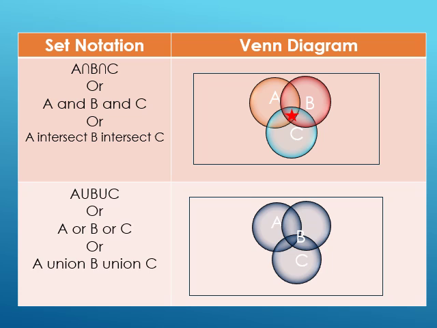The next is A intersection B intersection C. It means that you're going to take the common area of these three sets. So you can observe A and B overlapped here.